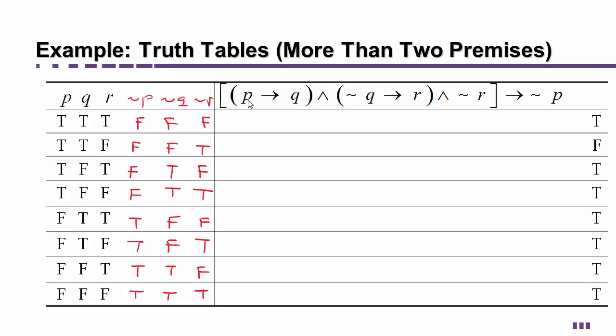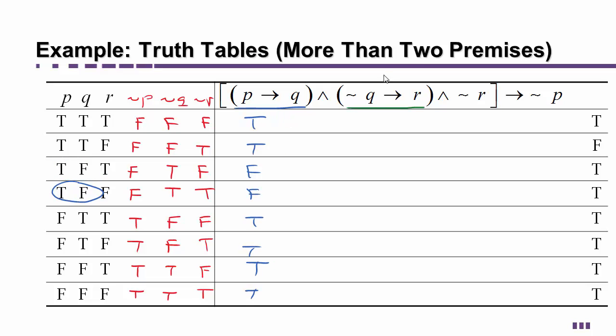First, I'm going to figure out what P implies Q is. And we'll do that in blue so we know that's what these represent. So P implies Q. Remember, P implies Q is always true except for true implies false. So true, true, false, false, true, true, true, true.